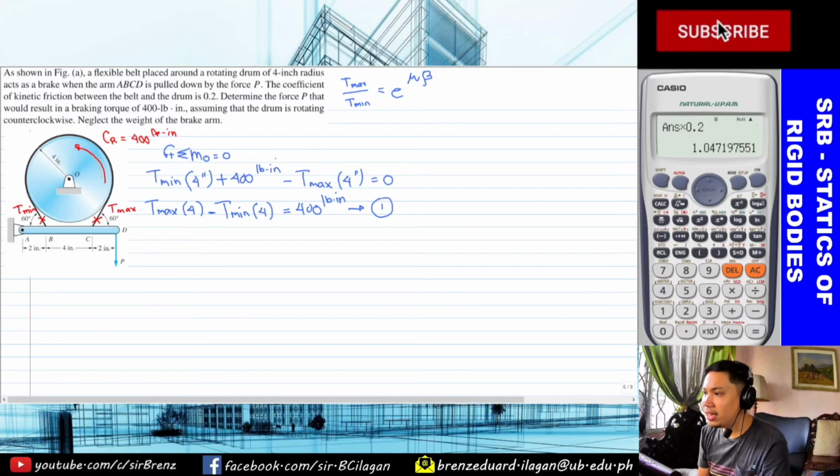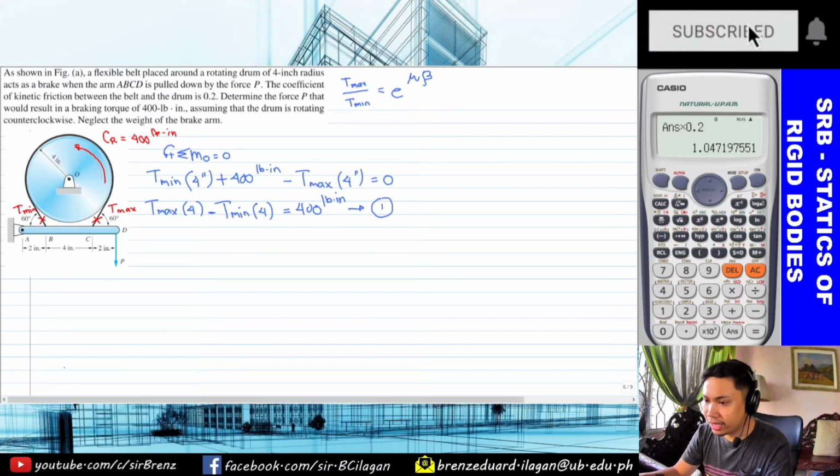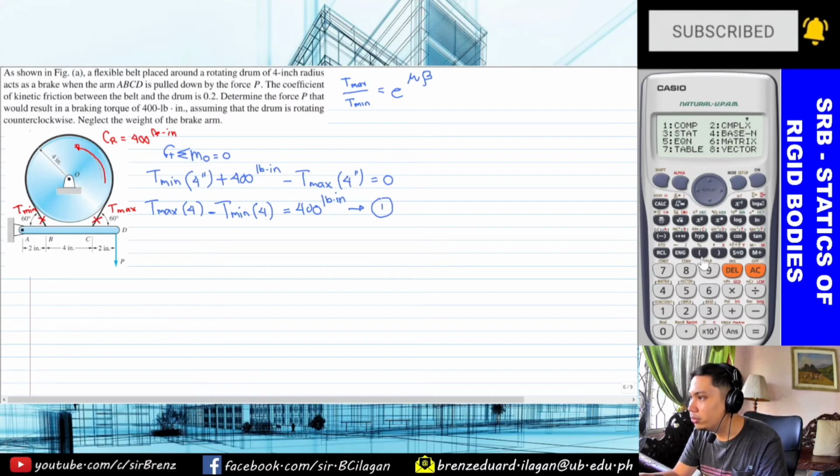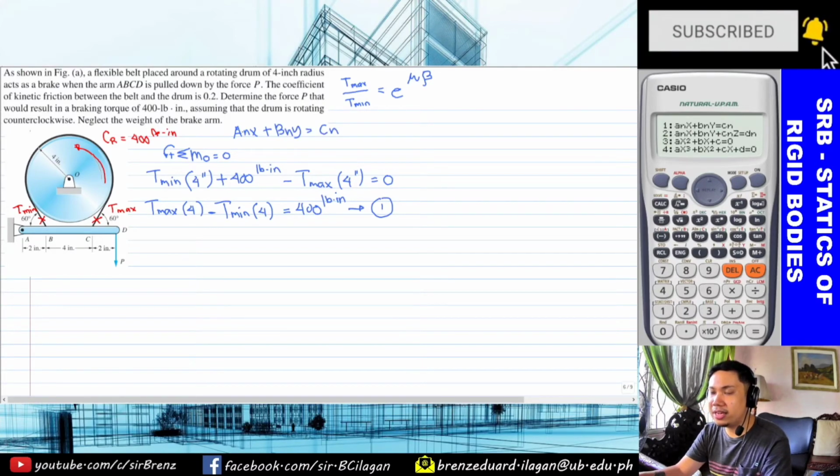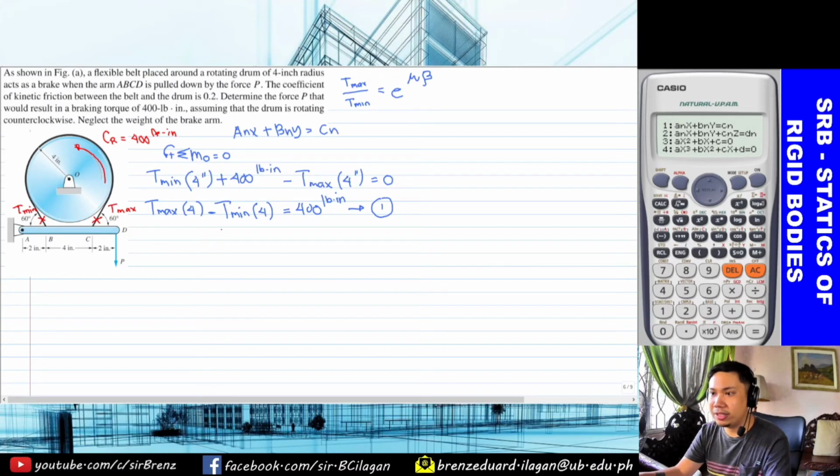If you remember, in your calculator we have 2 equations, 2 unknowns. That is under mode 5, 1. So, let's chase this form: a n x plus b n y equals c n. All the values of x are for T max, and all the values of y will be for the T min.